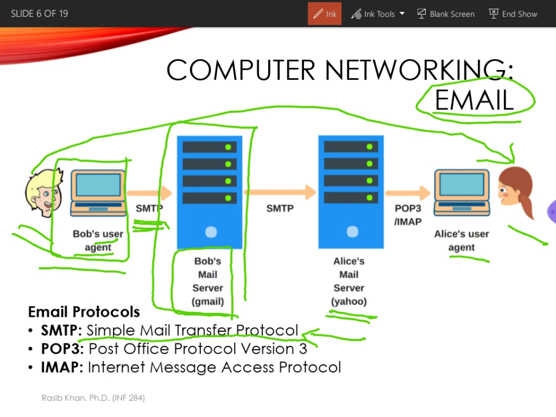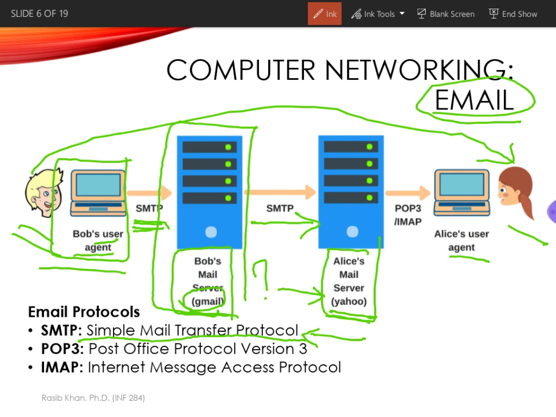So Bob's email server, which in this example is Gmail, finds Yahoo and then forwards the email using the SMTP protocol to Alice's mail server, which is on Yahoo.